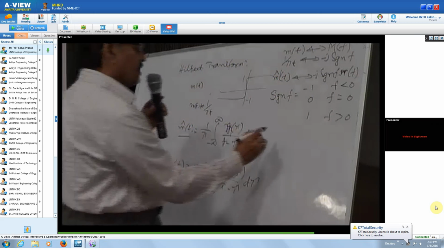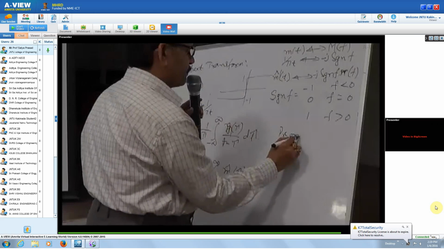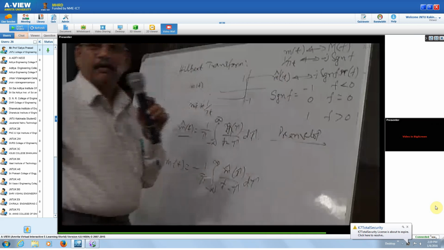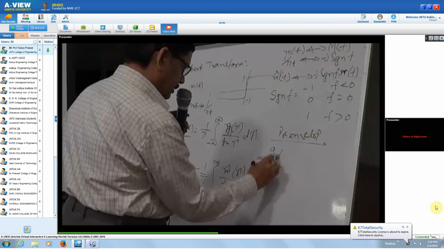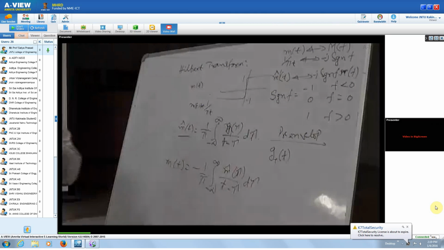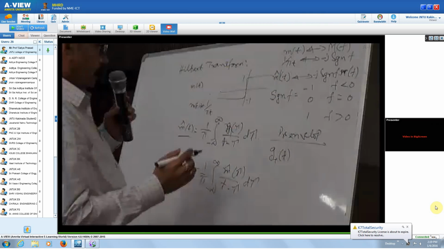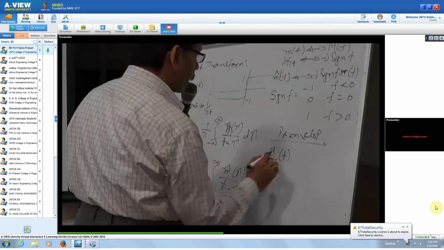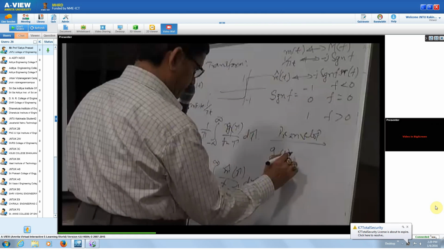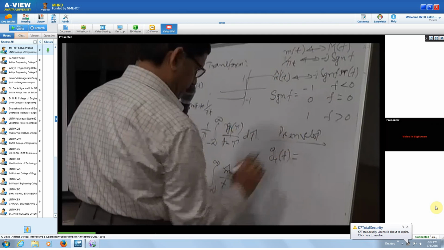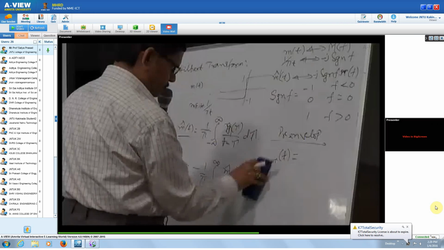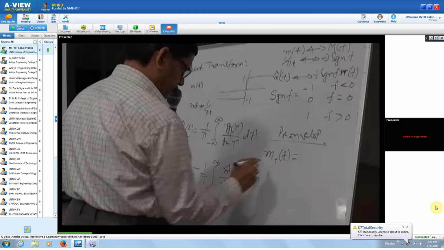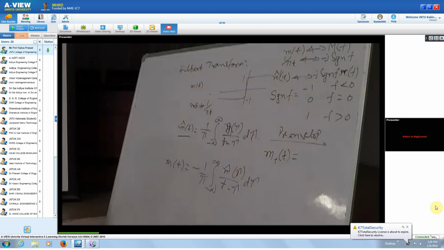Now let us define a function, a pre-envelope function, g plus of t, or m plus of t, because we are having the signal m of t.